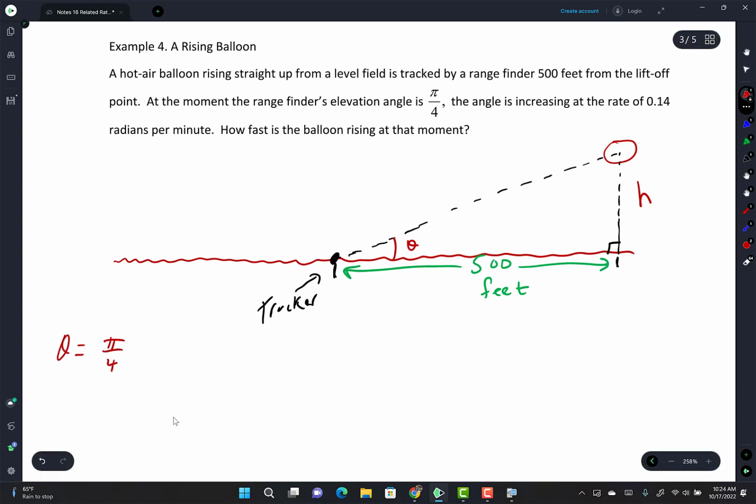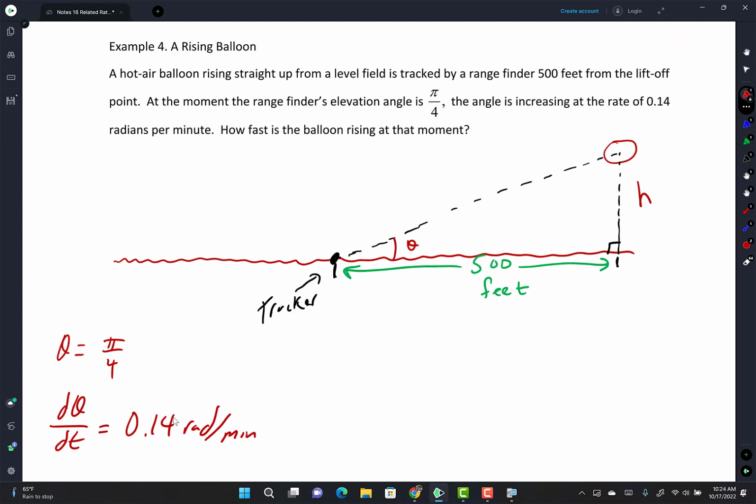Do not put pi over 4 in the picture because then you're making it static. And we know that d theta dt is 0.14 radians per minute. Because it tells me. What do we want to know? We want to know dH dt, question mark.